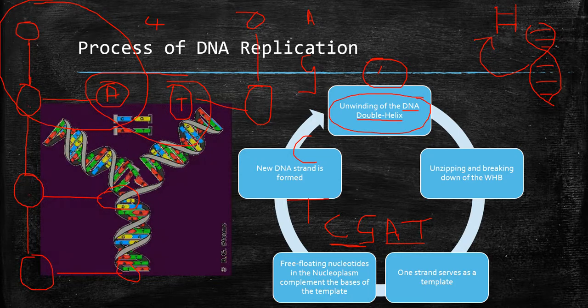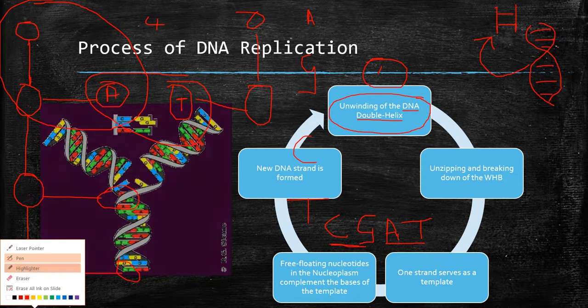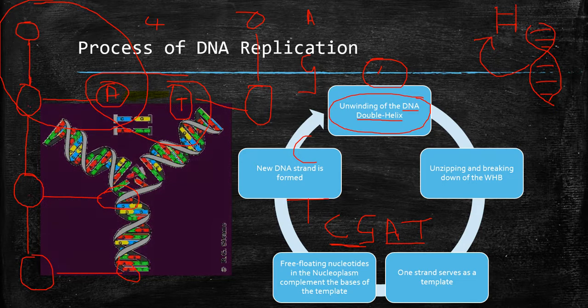If you had cytosine, you would place guanine on the other side. Now there is a bond between these nitrogenous bases, and the name of this bond is weak hydrogen bonds. So the bond between the nitrogenous bases is weak hydrogen bonds.